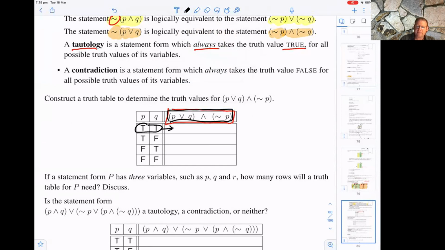What do you get? I see many falses, and that's false. What's true and true? Why do I get falses? Have you guys given up on logic? So true or true is true.